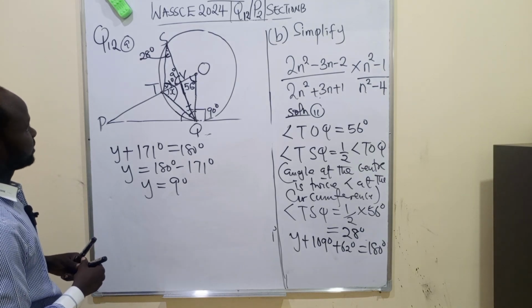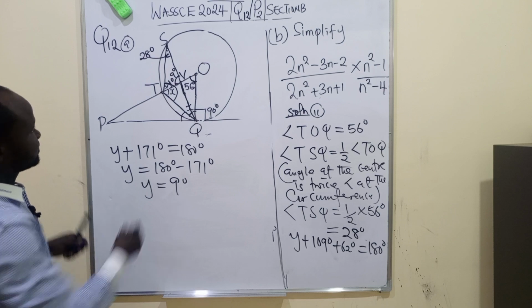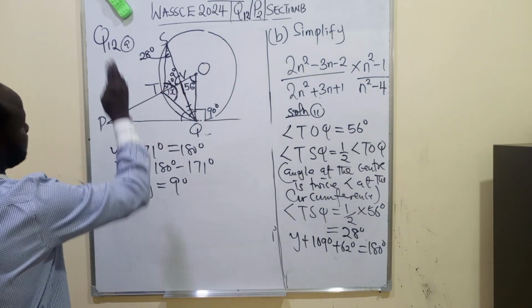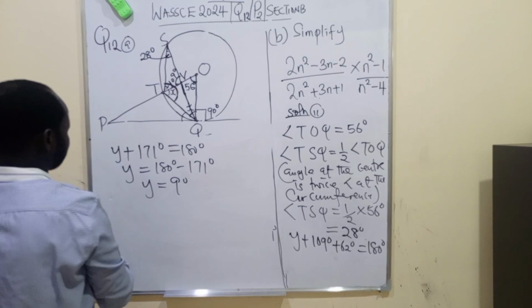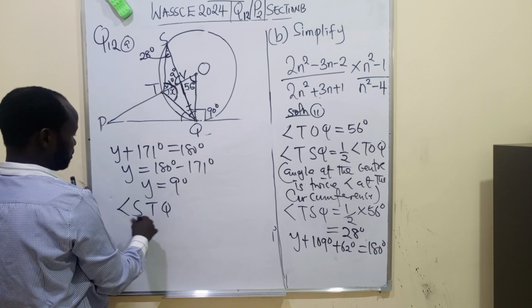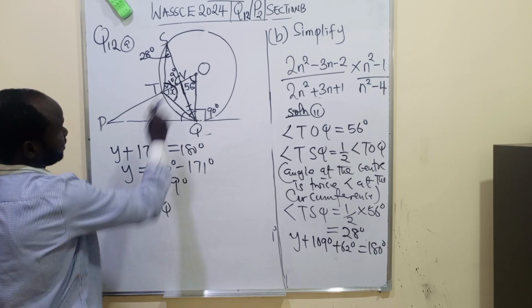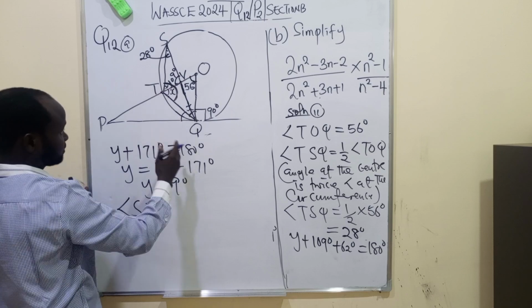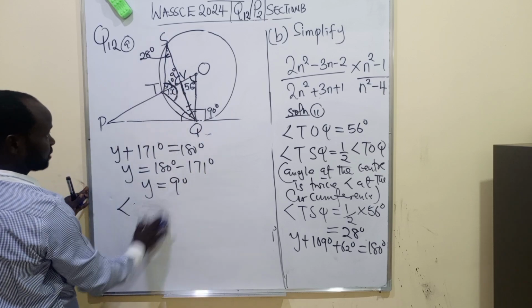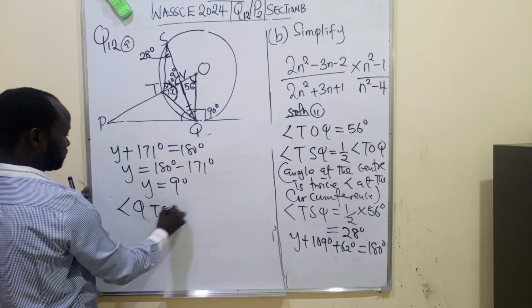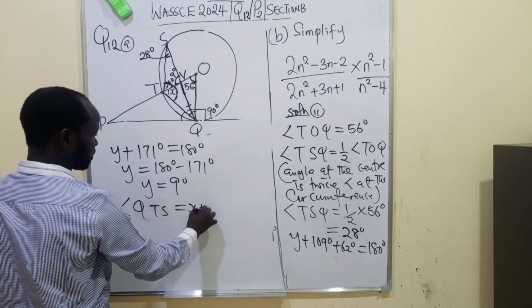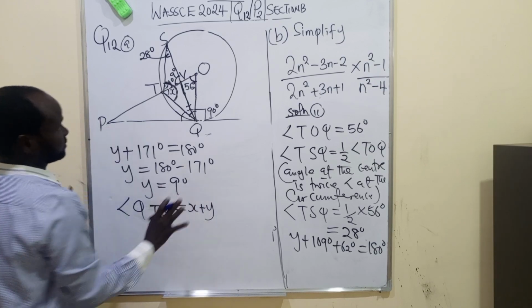So we can easily find the whole of this angle here, that is angle QTS. Angle QTS will be equal to the whole of this angle, which is x plus y.